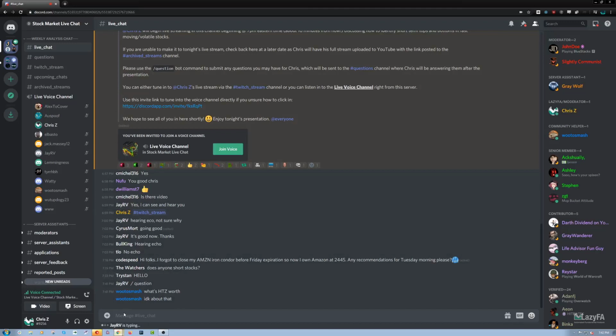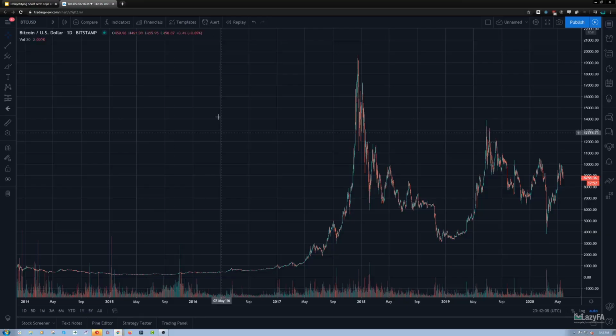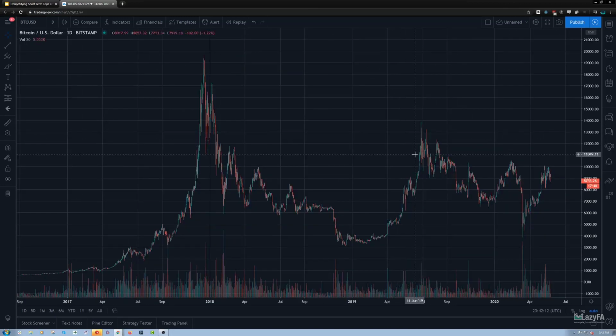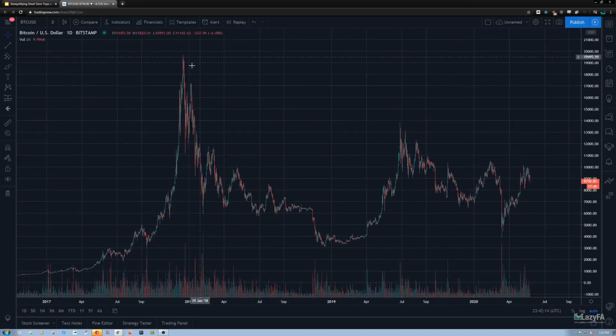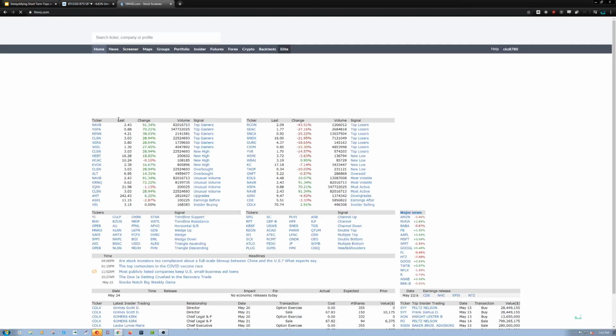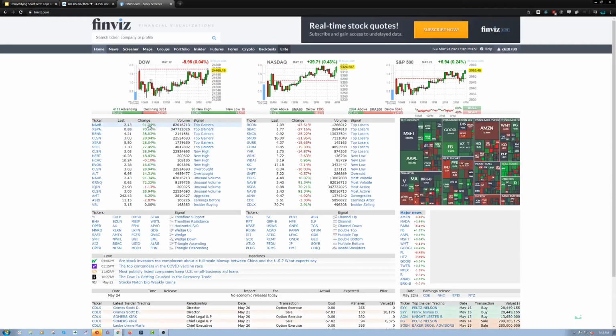One of the other things that I probably should mention, these parabolic moves tend to happen in garbage companies. So when you look at FinViz and you look at the top gainers, you see these stocks like NavB up 91%, XSPA up 70%.